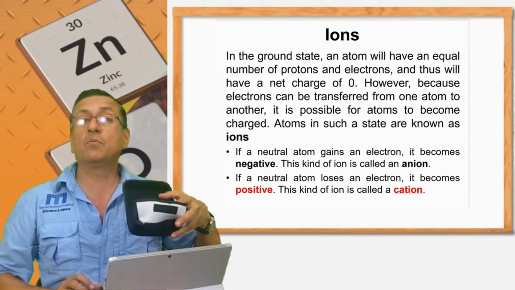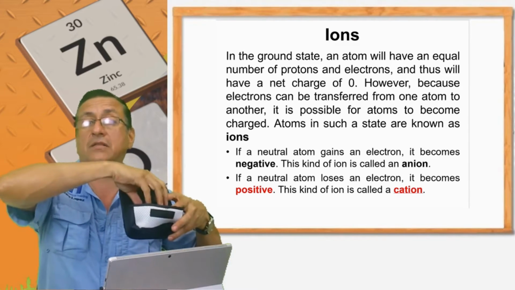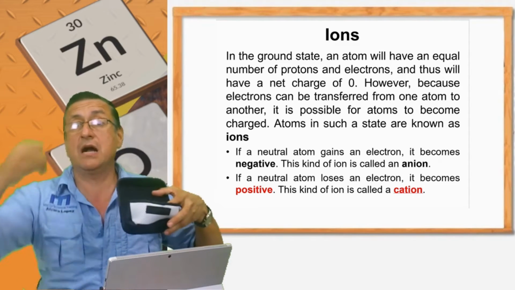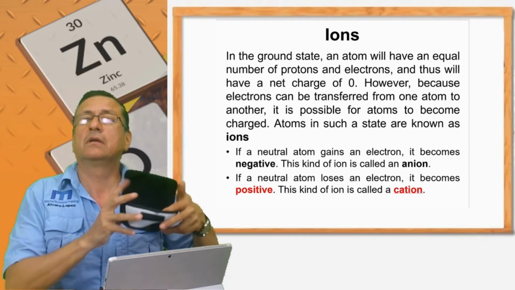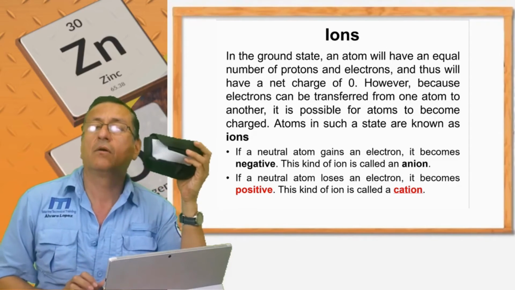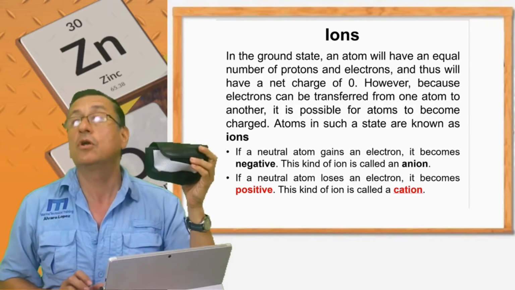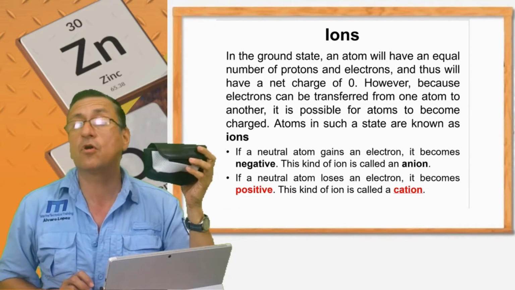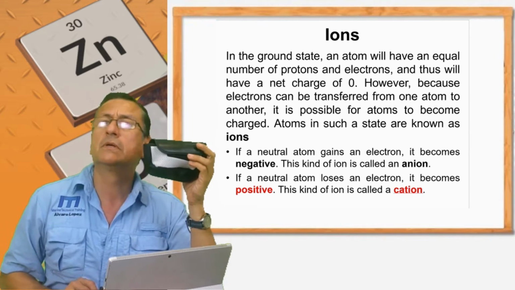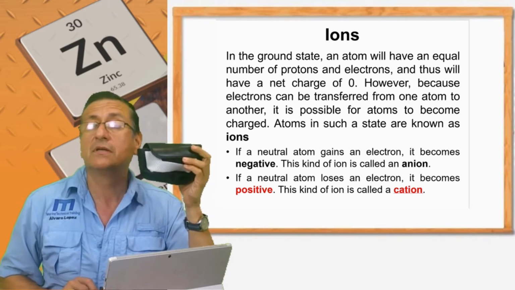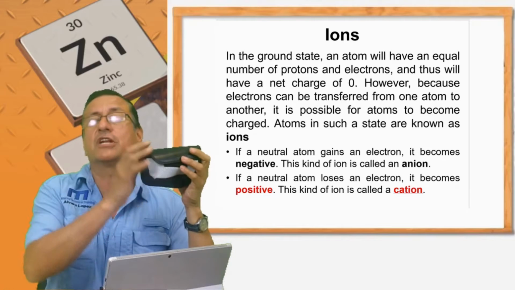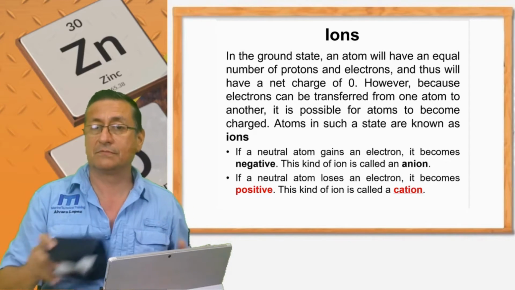I am going to remove 100,000 electrons. What happened with the charge of this package? Is it more negative or more positive? It is more positive because it released a lot of electrons.